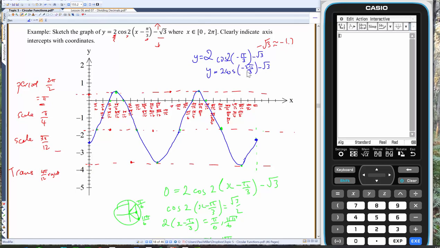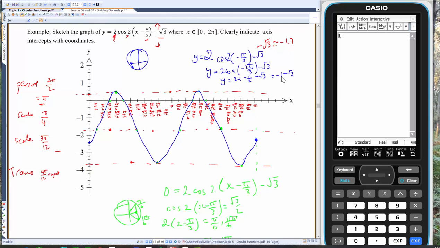All right, so what is the cosine of that? We're here on the unit circle, and pi on 3 means that cosine is a half there. So that's going to be negative a half. So y equals 2 times negative a half, take root 3, which is equal to negative 1 take root 3.